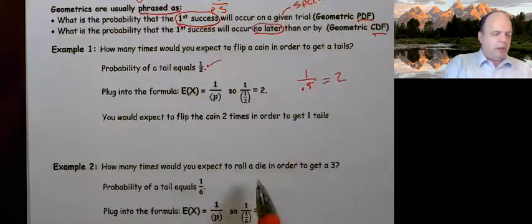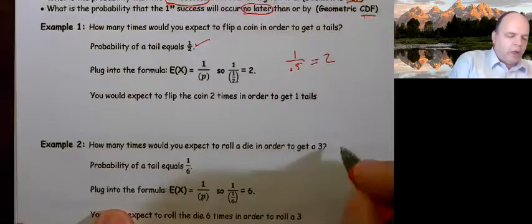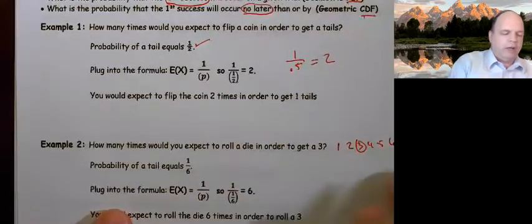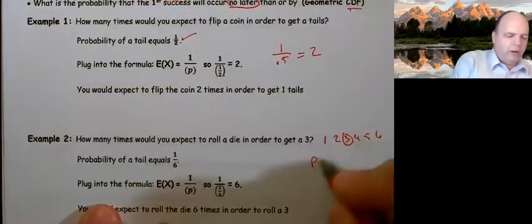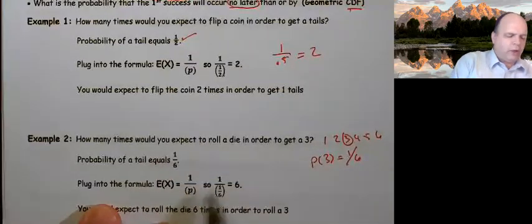How many times would you expect to roll a die in order to get a 3? Well, most of us would go, we can get a 1, 2, 3, 4, 5, or 6. The probability of getting a 3 equals 1/6, so I expect to go 1 over that 1/6.